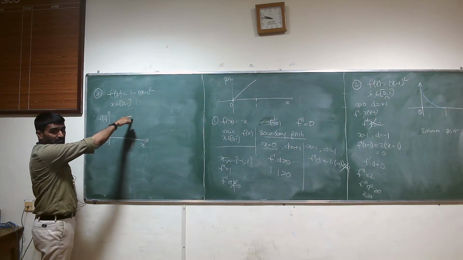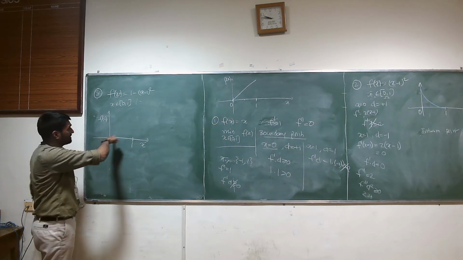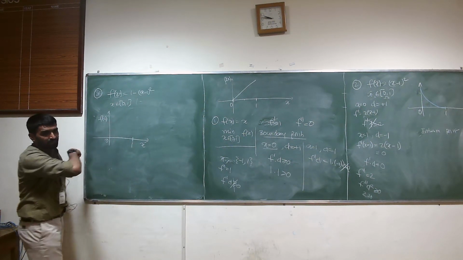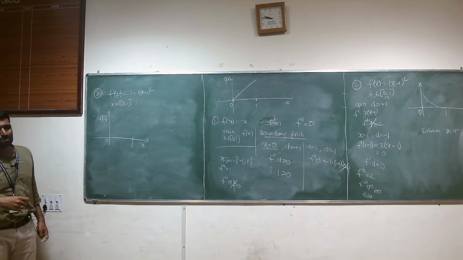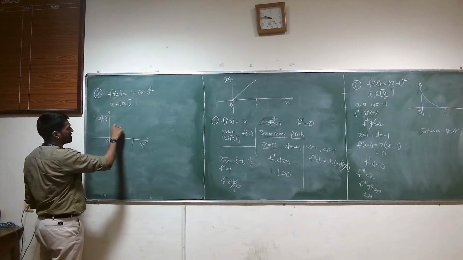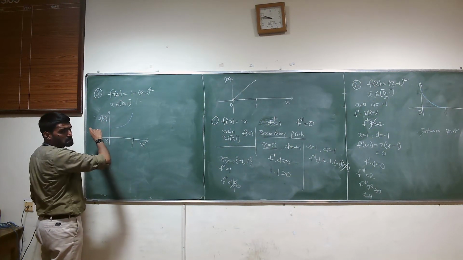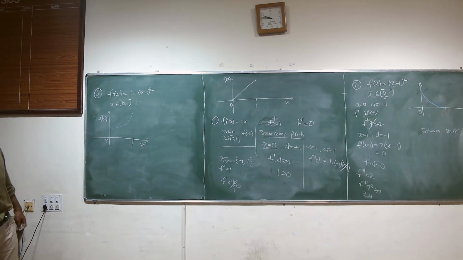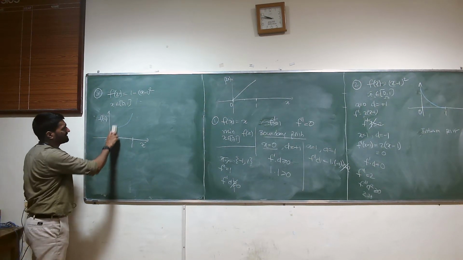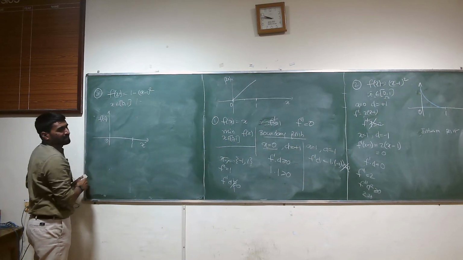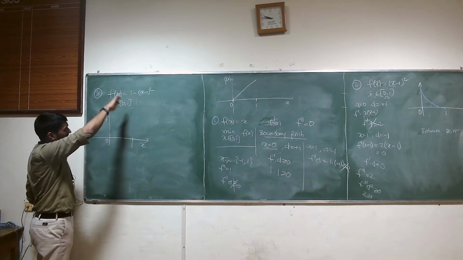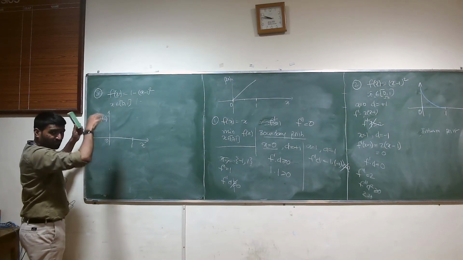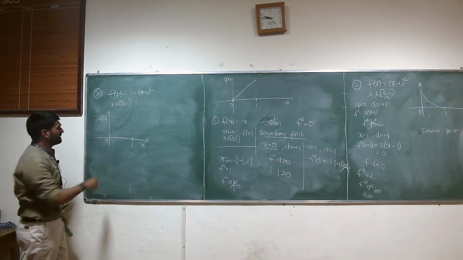Like this, is it? Are you sure? Is it like this? No, this is not the one. It's minus x square. X square is like this, minus x square is like this. That means it's got to be a flipped, inverted parabola, and in fact, it's like this.